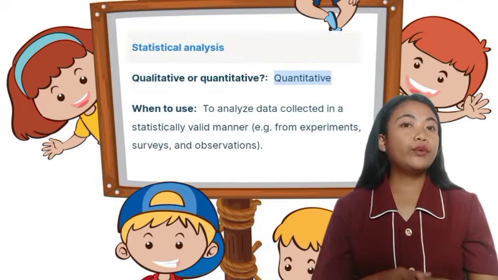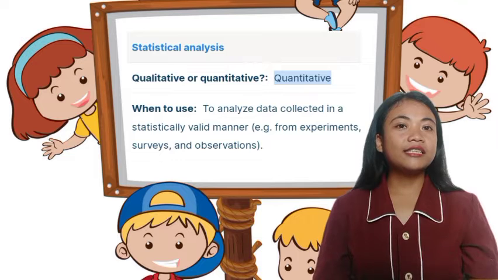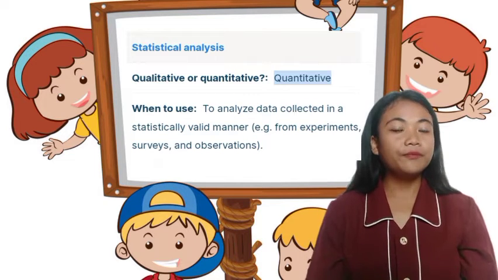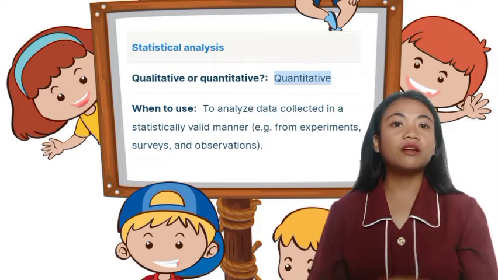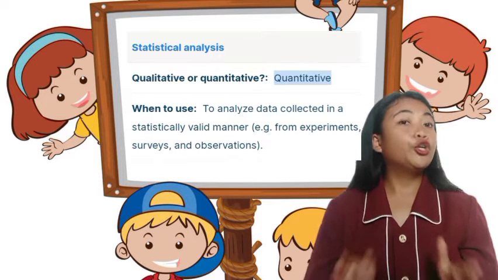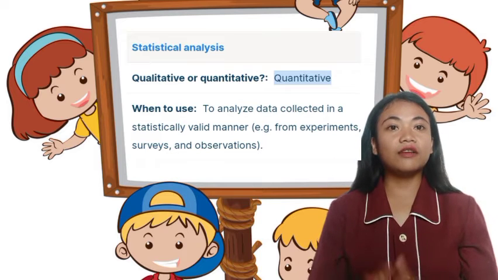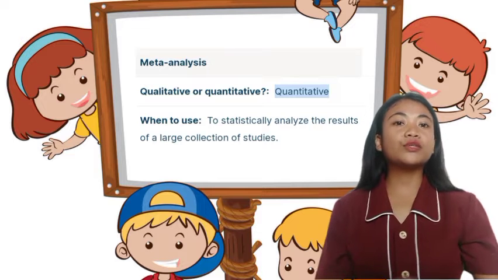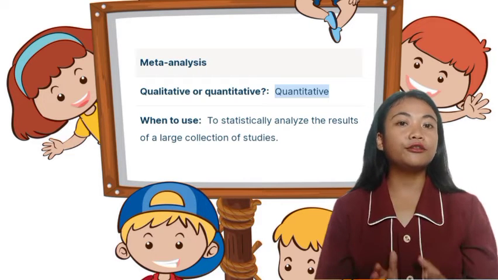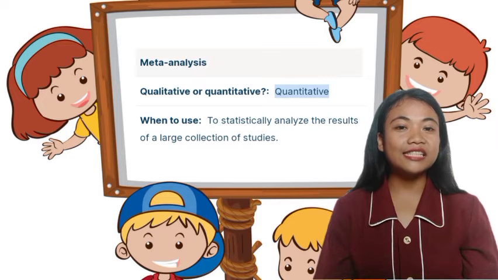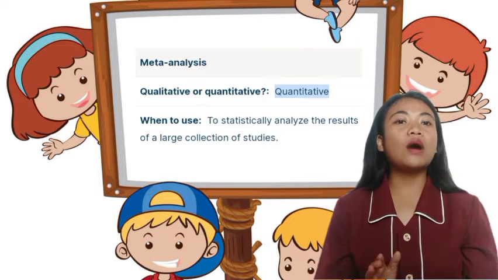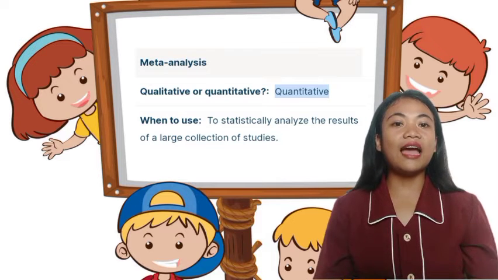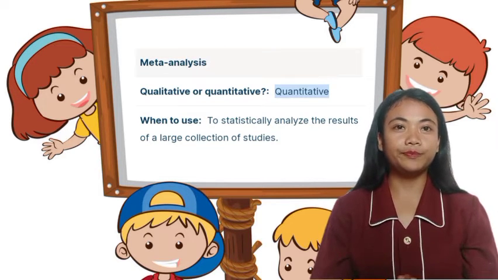And when you are doing a statistical analysis to analyze data in a statistically valid manner, for example, experiments, surveys, and observation, you will use quantitative data. For meta-analysis, to statistically analyze the results of a large collection of studies, you will use quantitative data. It can only be applied to studies that collected data in a statistically valid manner.